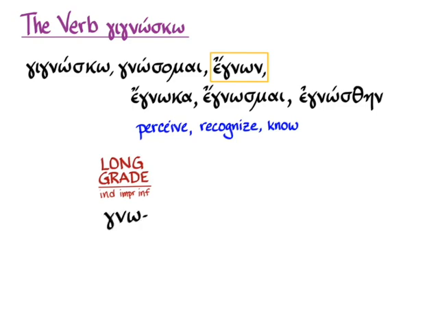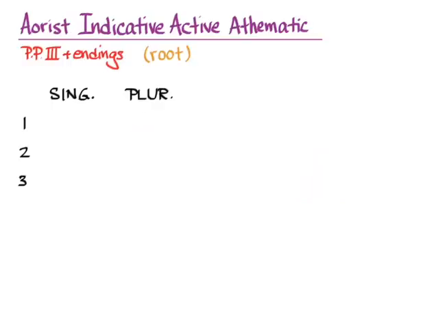And that long grade is going to be gno. And it's going to have a short grade stem for all the other forms, and that is going to be gnō. So you just have to get used to that idea with this particular verb, and I don't think you're going to have a problem identifying the various forms, but we'll go over them in detail now.